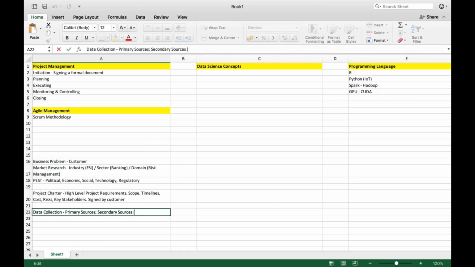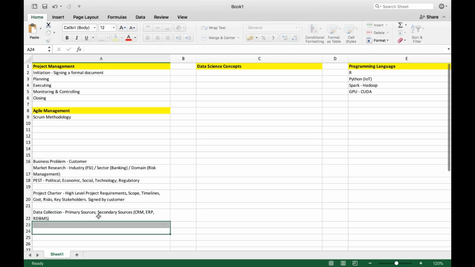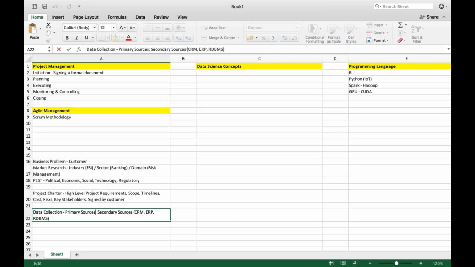When I say secondary sources, it can be from a customer relationship management database or ERP or some kind of Oracle database or MySQL database, right? Primary sources could be the data that you have captured as part of surveys or field experiments.